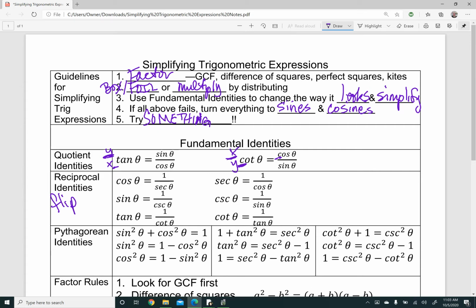So secant flips cosine over, and cosecant flips sine. A co will never flip a co. You'll notice that co does not flip cosecant, it flips secant. And cosecant does not flip cosine, and cotangent does not flip another co. So all the co's flip something else. That's how you know that those go together.